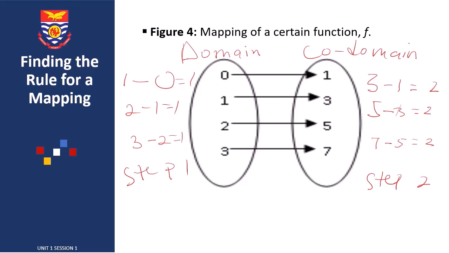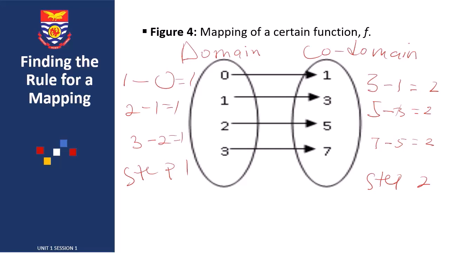Now, looking at this, we see that the differences between the consecutive terms in the domain are constant, and the same happens in the codomain. So in this instance, we can say that the rule of this mapping is linear, and the reason is the differences between the consecutive terms are all constants.